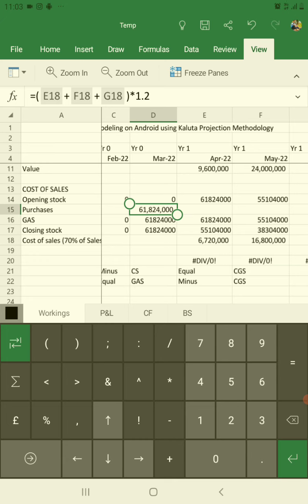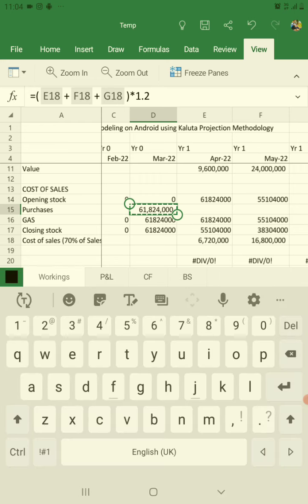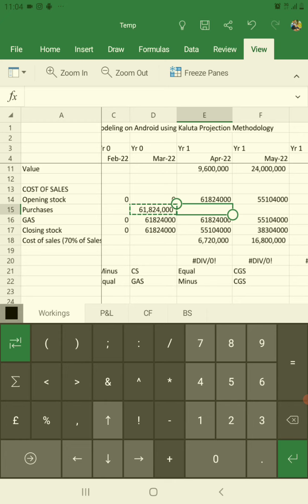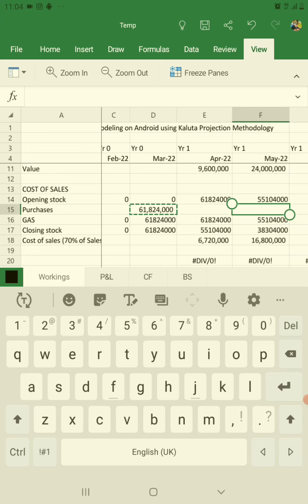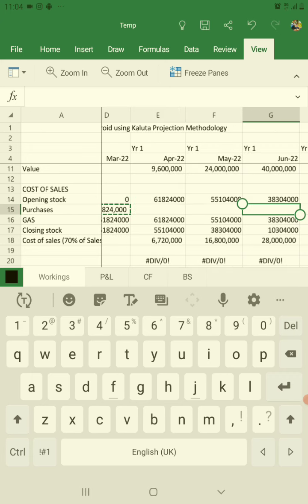So after recording these purchases in March, I can copy this formula, which covers April, May, and June.